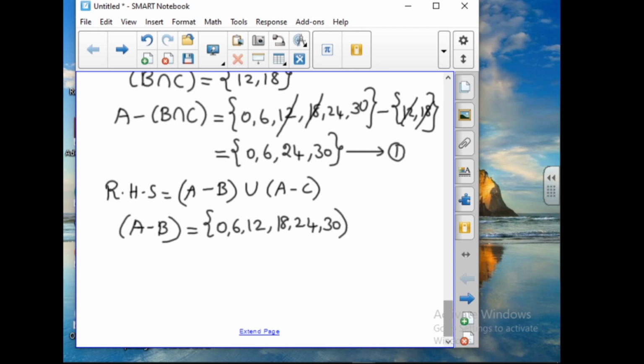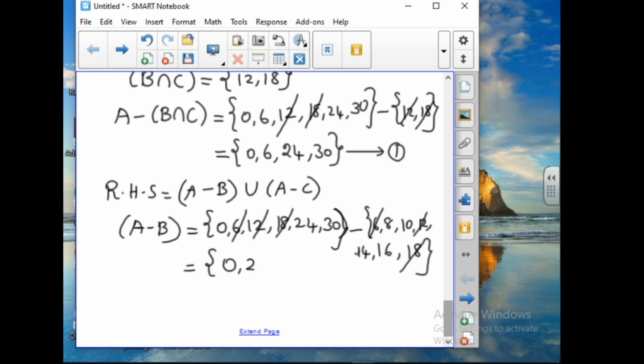From this you have to subtract B set. B set is 6, 8, 10, 12, 14, 16 and 18. So what are the common elements? 6, 12, 18. So what are the remaining elements of A set? That is equal to 0, 24 and 30.